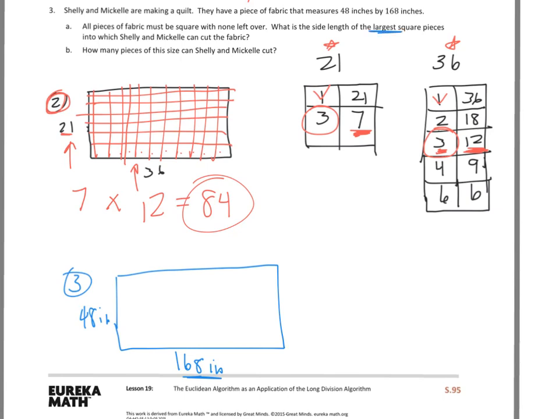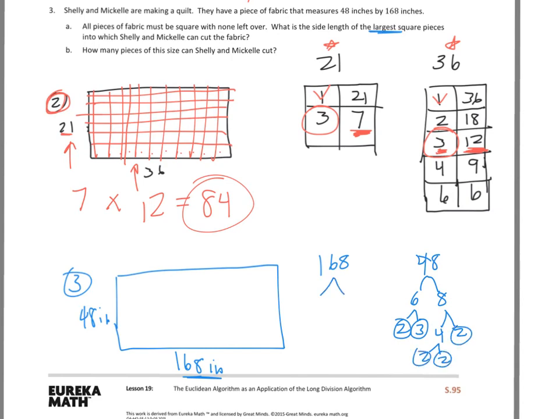So what I'm going to do for this one is use prime factorization, which means I'm trying to get to all prime numbers. So I know I can pick any 2 factors that make 48 other than 1. So I'm going to do 6 and 8, and then I'm going to break these down to 2 and 3, and those are my prime numbers. 8 can be 4 and 2, and then 2 and 2.